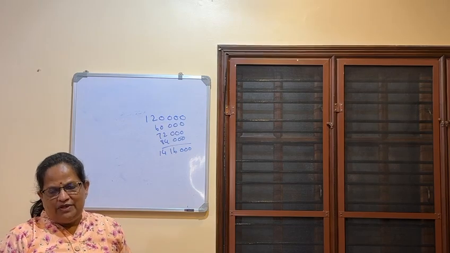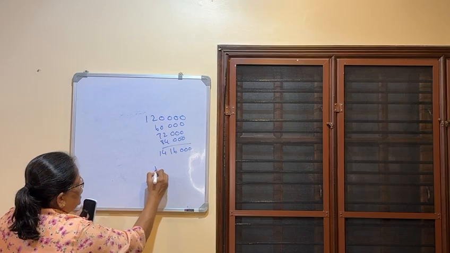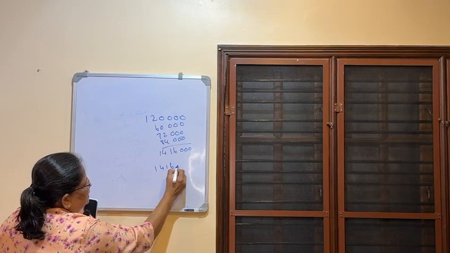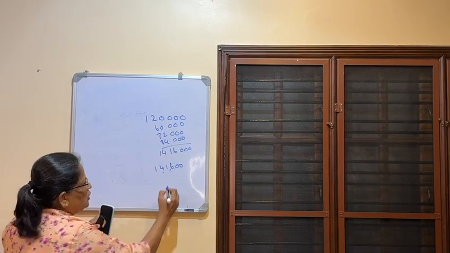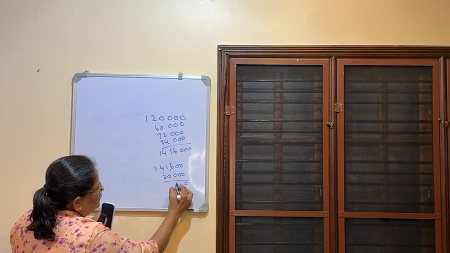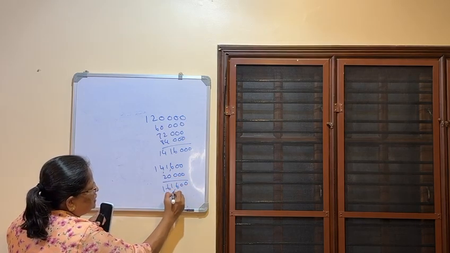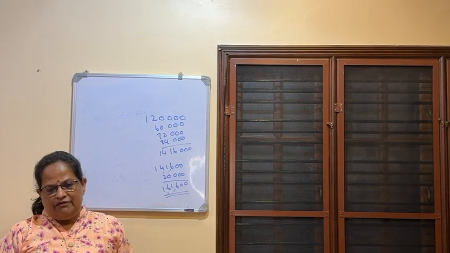Now population of the city above 40 lakhs, meaning 10%. 10% is 1 lakh 41,600. Value of RFA is 1 lakh 41,600. Cost of furnishing 20,000. So here the value is 1 lakh 61,600. This is the value of furnished RFA.